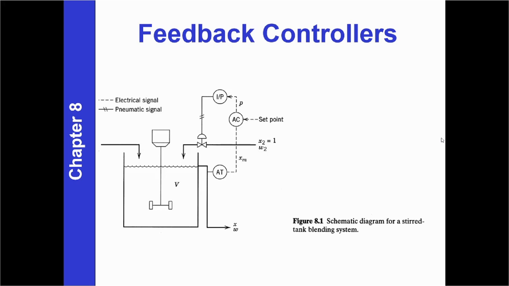In control systems, this is also known as the P&ID, the piping and instrumentation diagram.